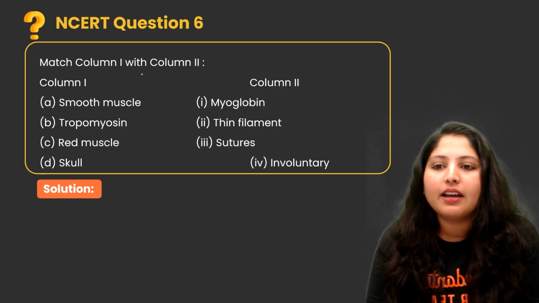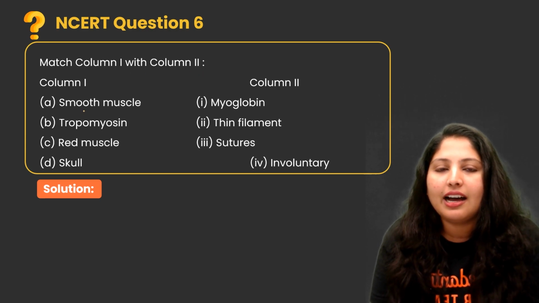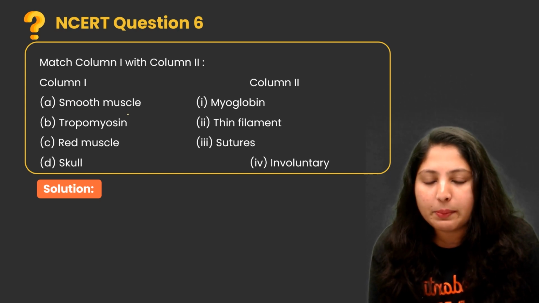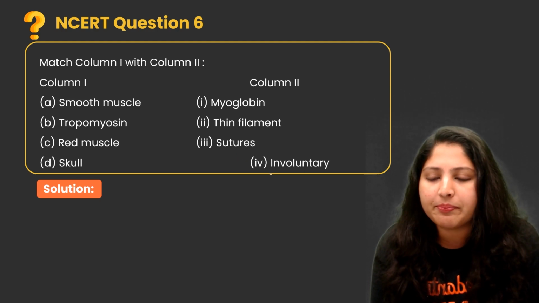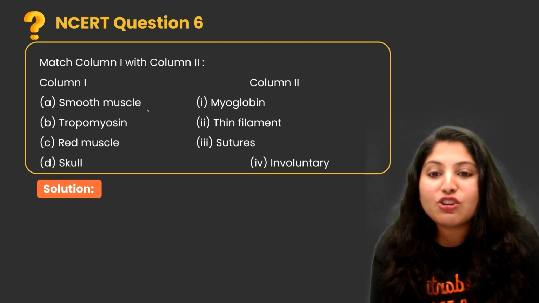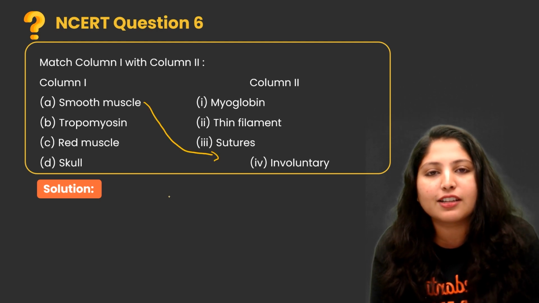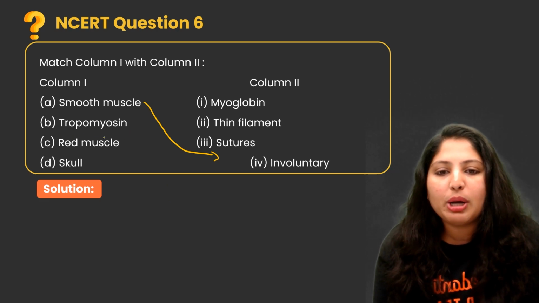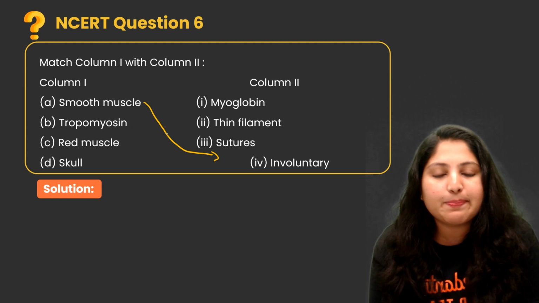Match column 1 with column 2. Let's see what the correct pairs are. Smooth muscle: involuntary. Smooth muscle causes involuntary muscle contraction. Next, tropomyosin. Where exactly is tropomyosin present?